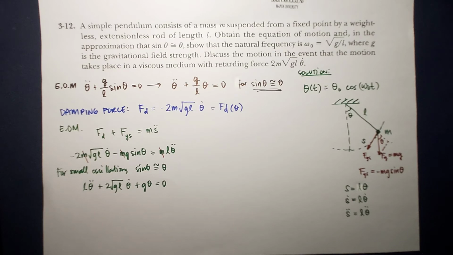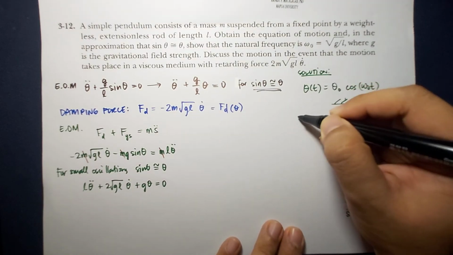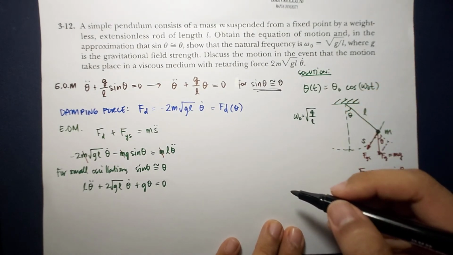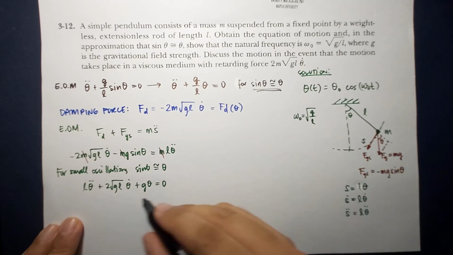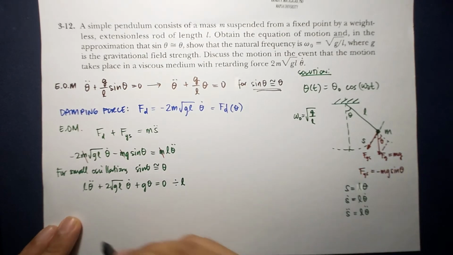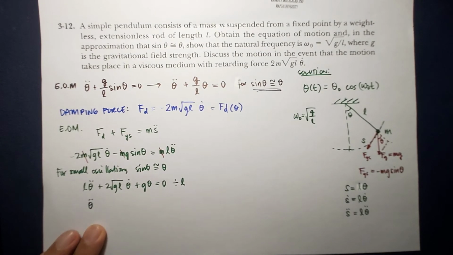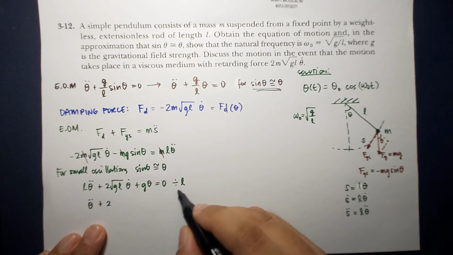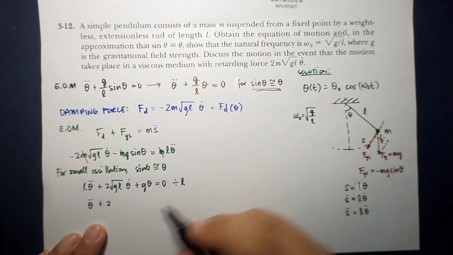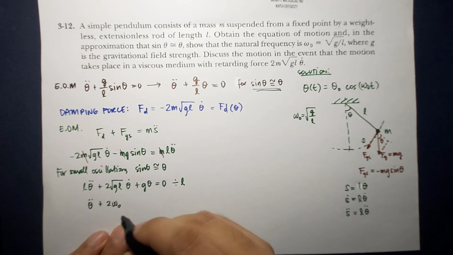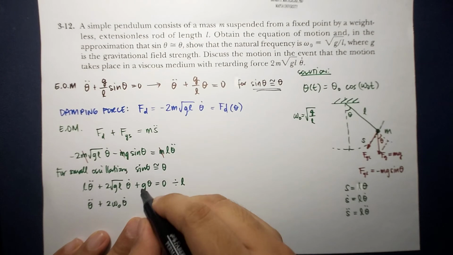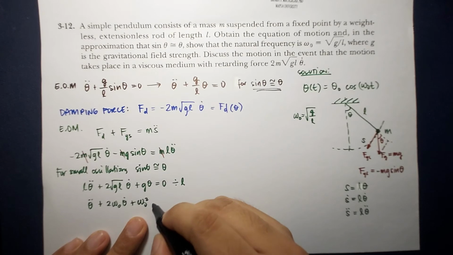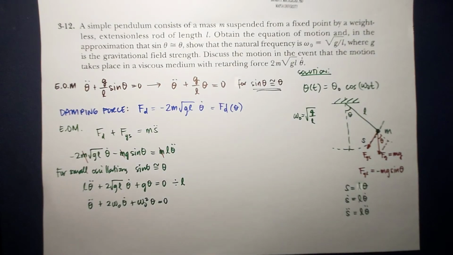From our definition of omega, remember that omega naught is square root of g over L. So if we divide everything by L, we now have theta double dot plus 2 square root of g over L, since square root of g over L divided by L is... so this is 2 omega naught theta dot, and then g over L is omega naught squared, so plus omega naught squared theta equals 0.